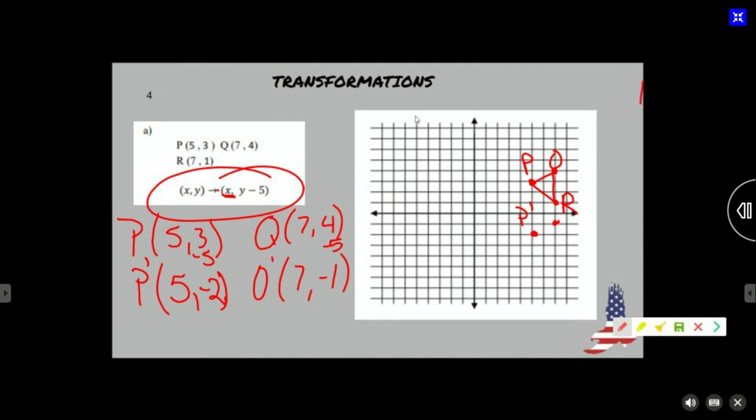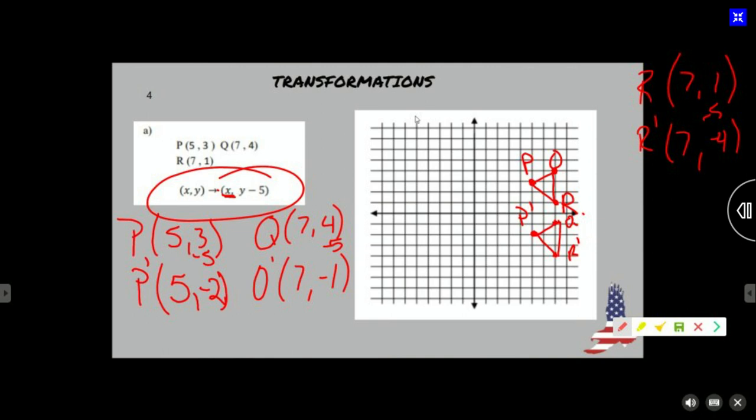And then R is (7, 1). R prime: 7 is staying the same, and 1 minus 5 is negative 4. Q prime, R prime.